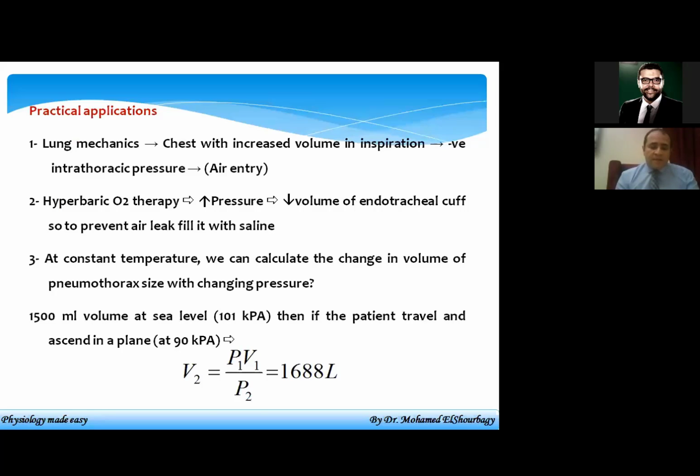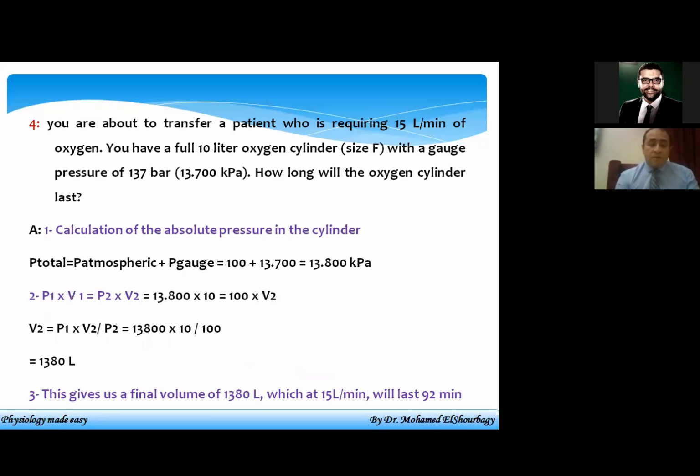The answer: V2 equals P1 V1 over P2, which equals about 1,683 ml. So at high altitude, low pressure, the pneumothorax size will expand. That may cause tension in the thorax and may need drainage of this air collection. This is the most important clinical practical application, number 4.